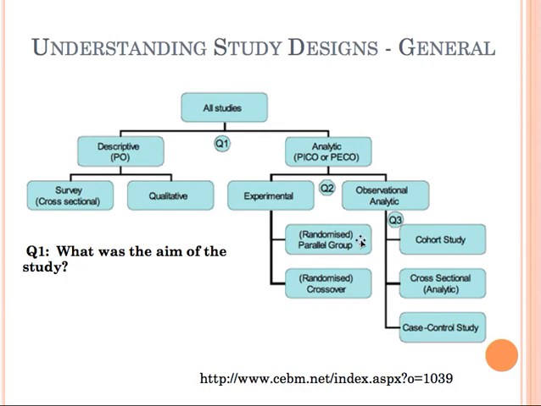And basically, experimental means it's going to have randomization. So if it has randomization, it's likely an RCT. There's something called a crossover design, which we will cover here. And then if it's an observational study, it's either going to be a cohort or a case control. We won't include a cross-sectional in our discussions.